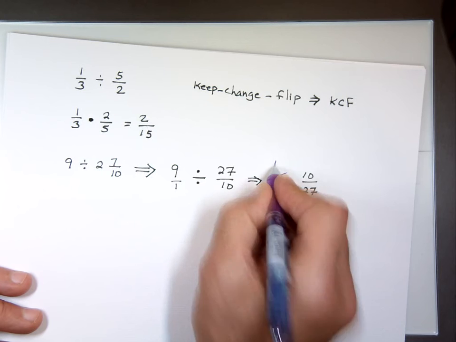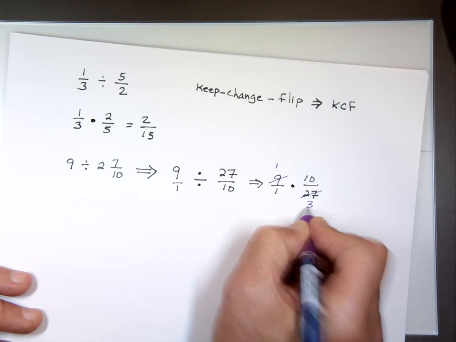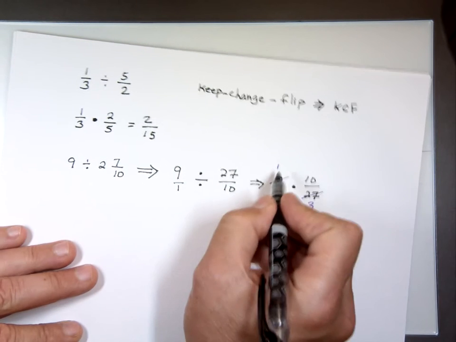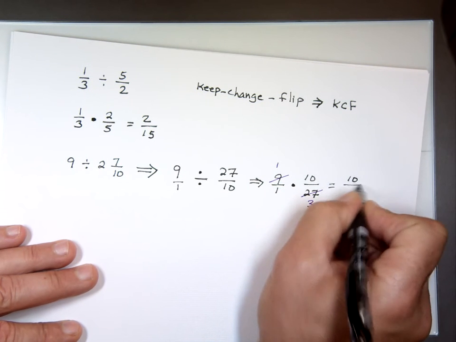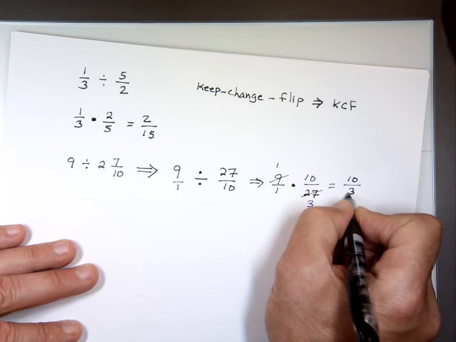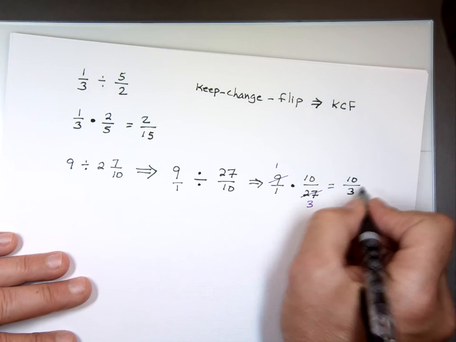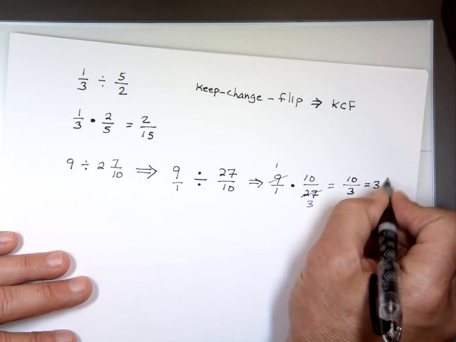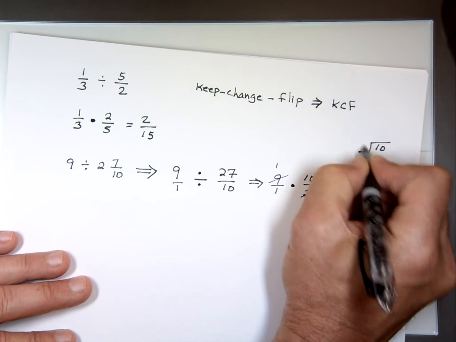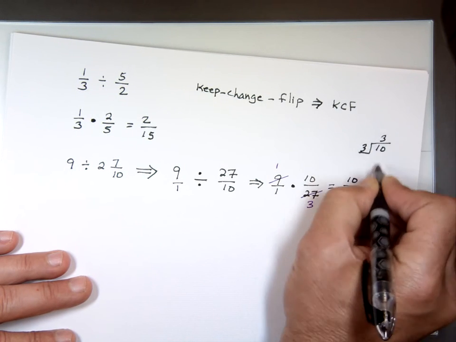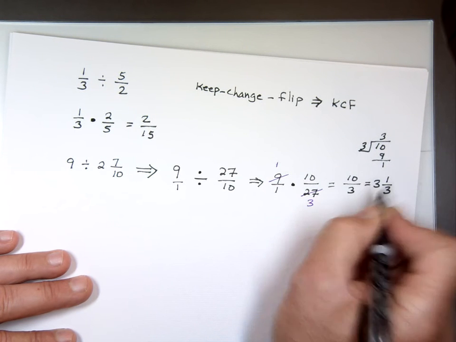By 9, this is 3. 1 times 10, 10. 1 times 3, 3. And if you divide them, that's 3 and 1/3. Three times 3 is 9, the remainder is 1. So 3 and 1/3.